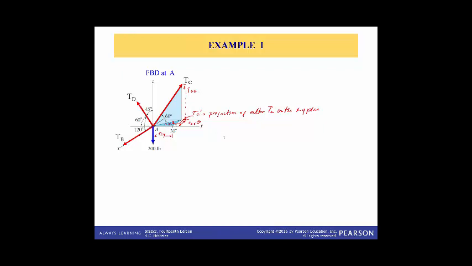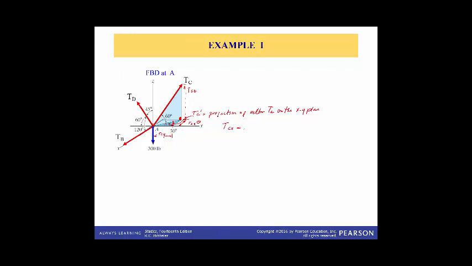Okay, so I know that TCX is going to be equal, if I have my triangle, this here is my right angle, and then this, of course, is my right angle. So you need to visualize this in 3D so that you can apply your trigonometry functions.